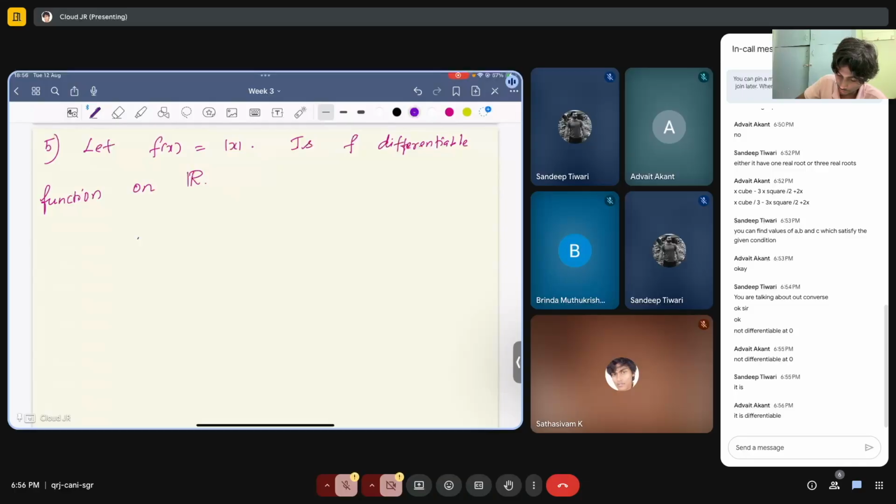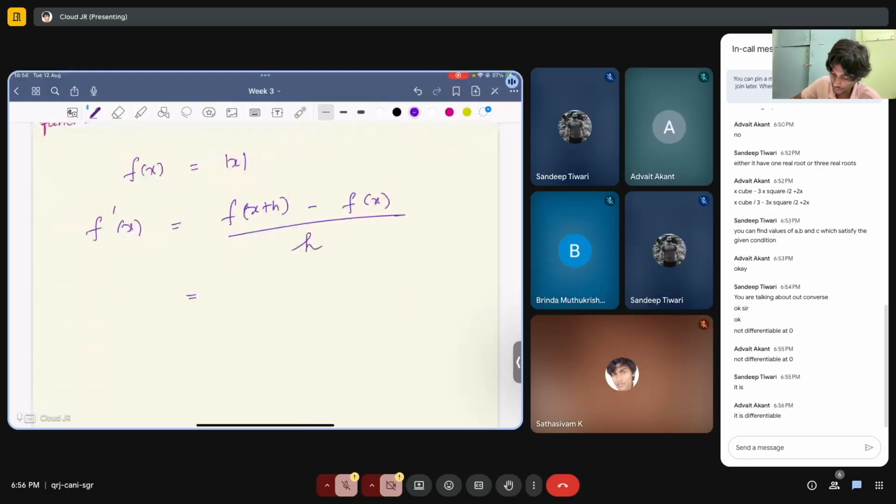So you have f of x is nothing but mod x. You want to find the derivative of that, right? Let's find the derivative, f prime at x, let's say. This is the limit of f of x plus h minus f of x, divided by h. And this is mod of x plus h minus mod x, divided by h.